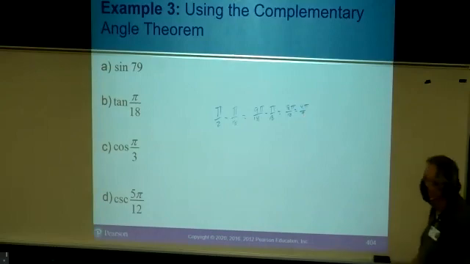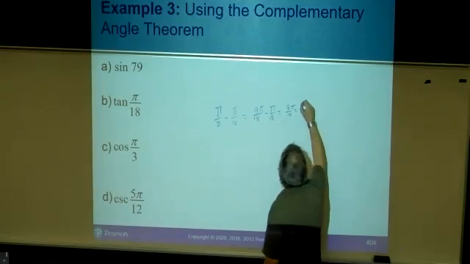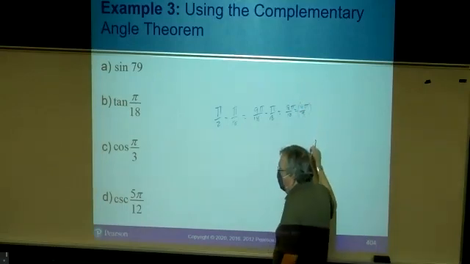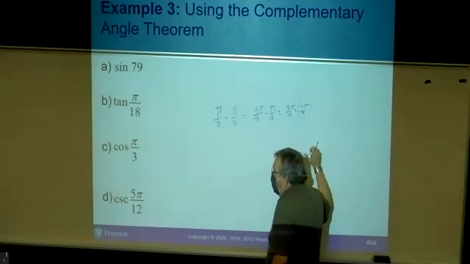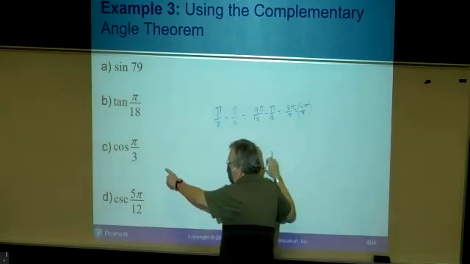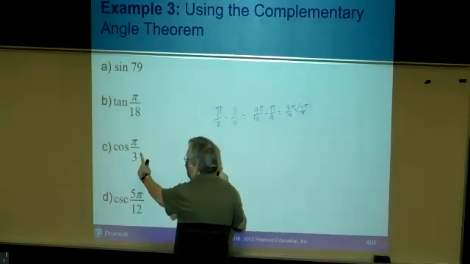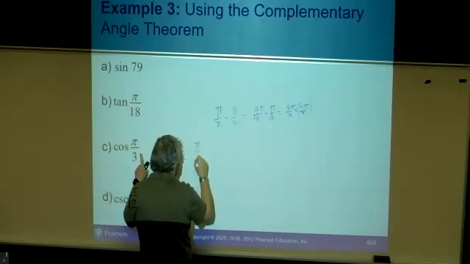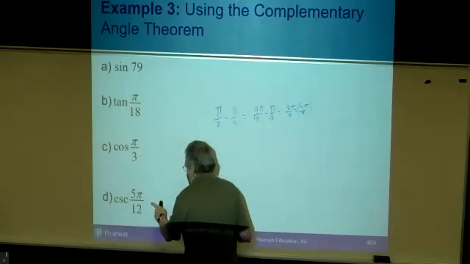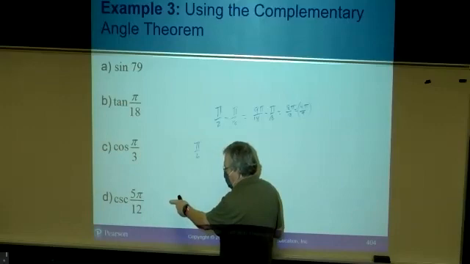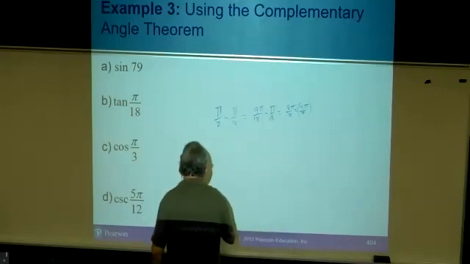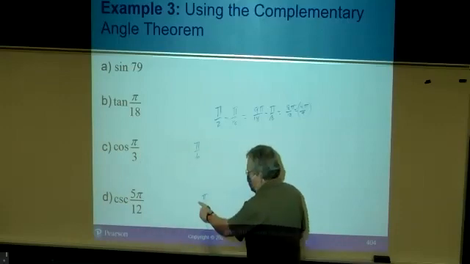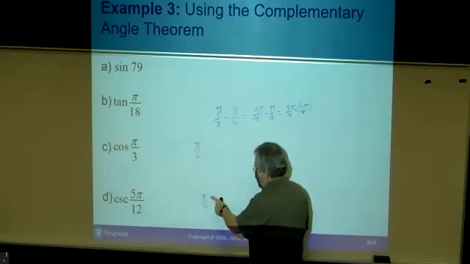And we always want to write our fractions in simplified, reduced form. Now the complementary angle to pi over 3 is pi over 6. The complementary angle to 5 pi over 12 is 1 pi over 12, because half of 12 is 6, and I need to add 1 to 5 to make 6.